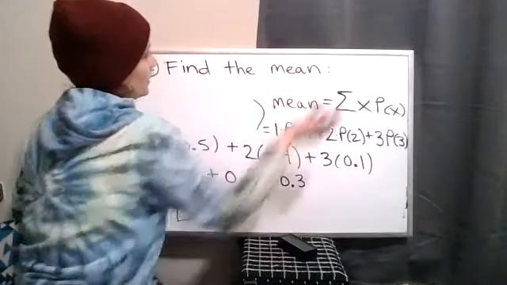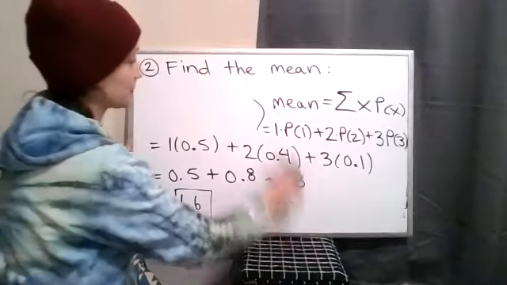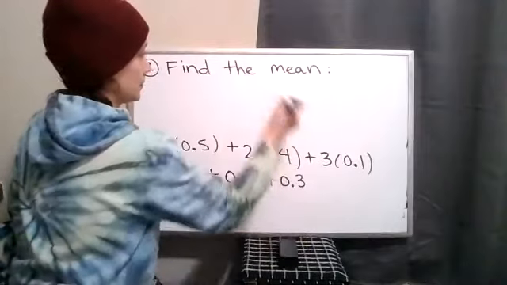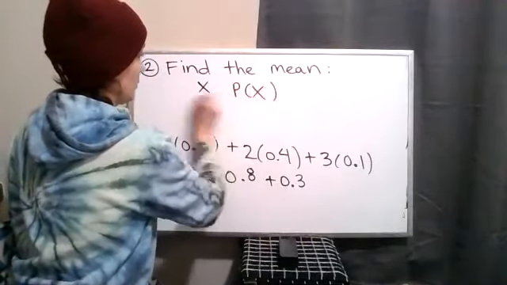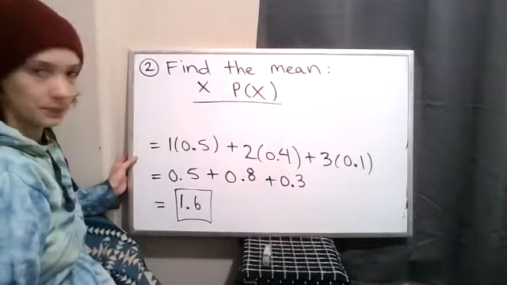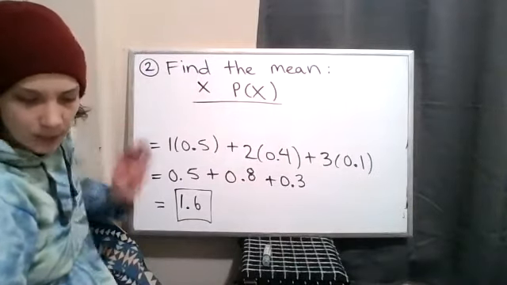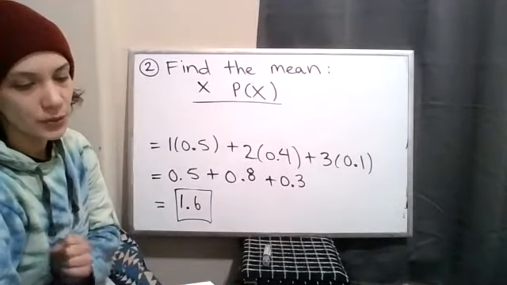So we're going to have a new table. X values will be 0 to 4.